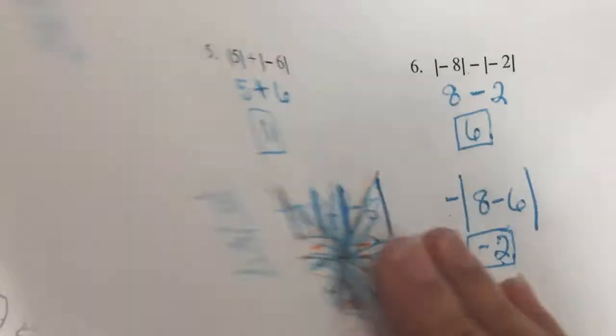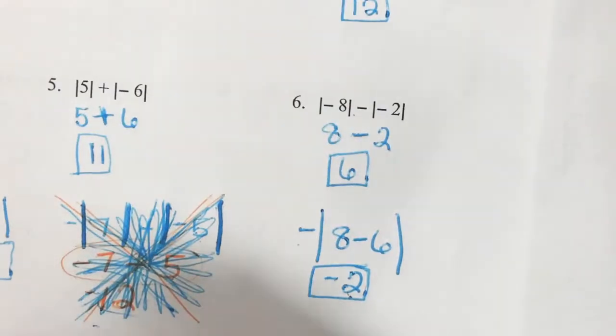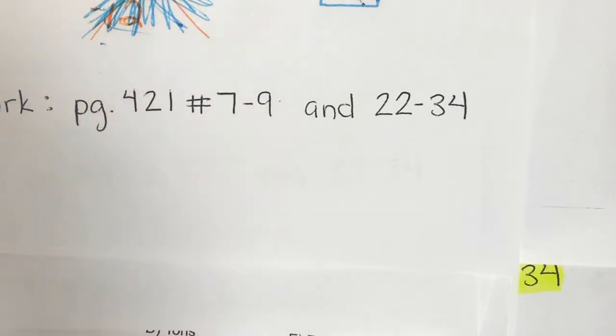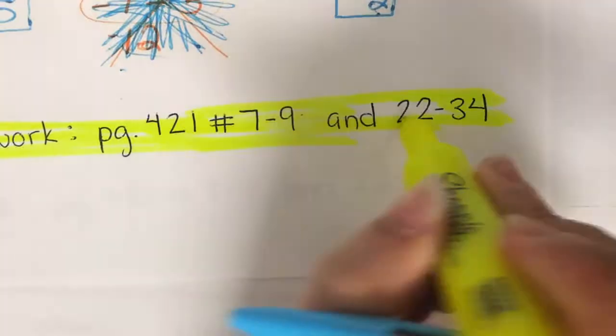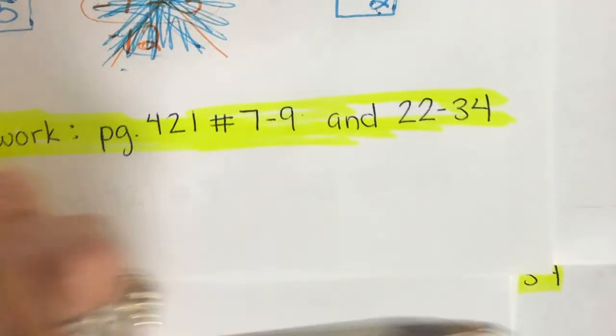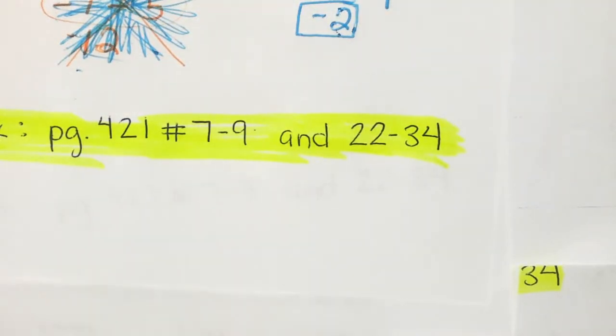Here is the thing. Let me see. 1 second. You can do this homework on either the back of this page or, I guess I got it all. We're good. Okay, you can do this homework. This is the assignment. Now, it is in the red textbook, the one that you've had all year.